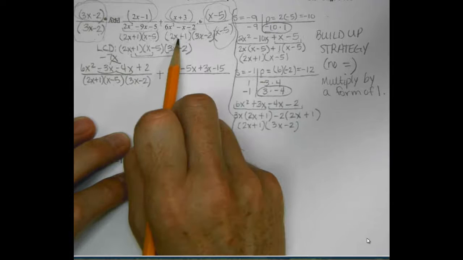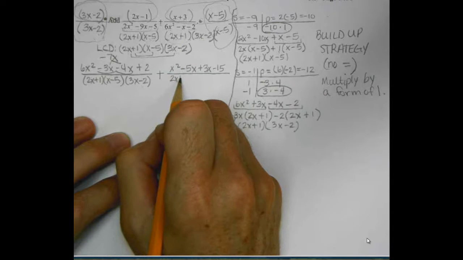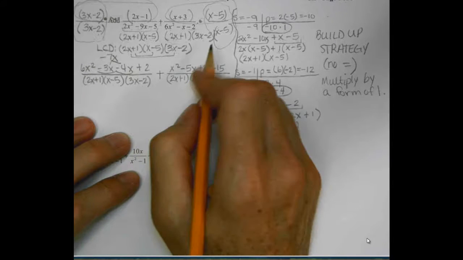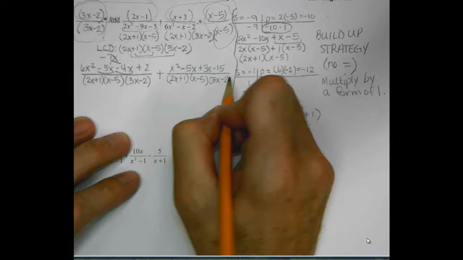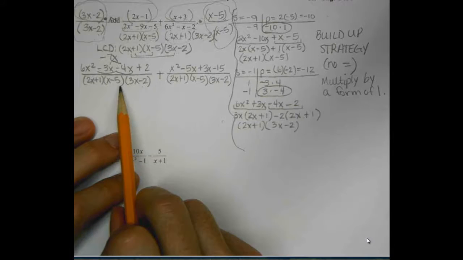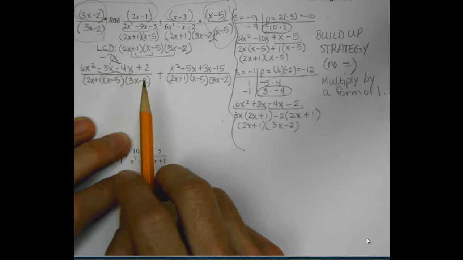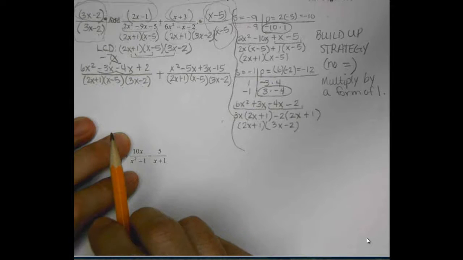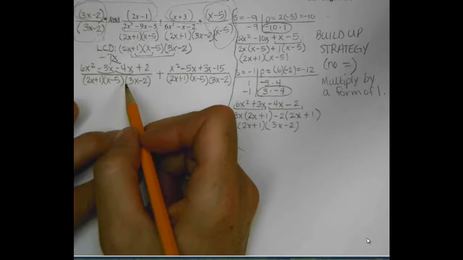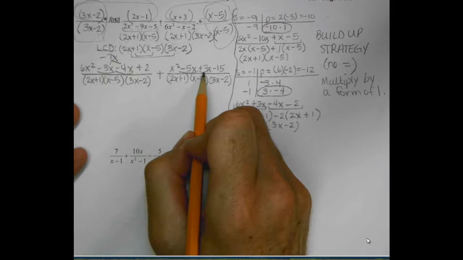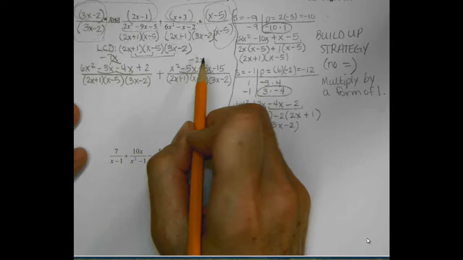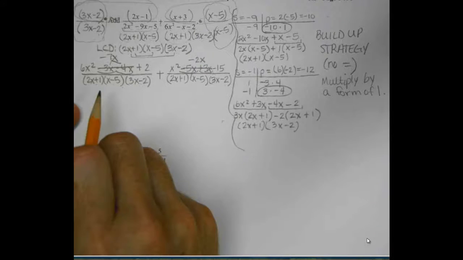And then my denominator, I have a 2x plus 1, I have an x minus 5, and I have a 3x minus 2. So now I can see I changed the order a little bit, but when you multiply, order doesn't matter. And I have here the exact same two denominators. So I have like terms here in the middle, negative 5x and a positive 3x. That'll be negative 2x. So I can use the negative 7x and the negative 2x for the two middle terms on each.